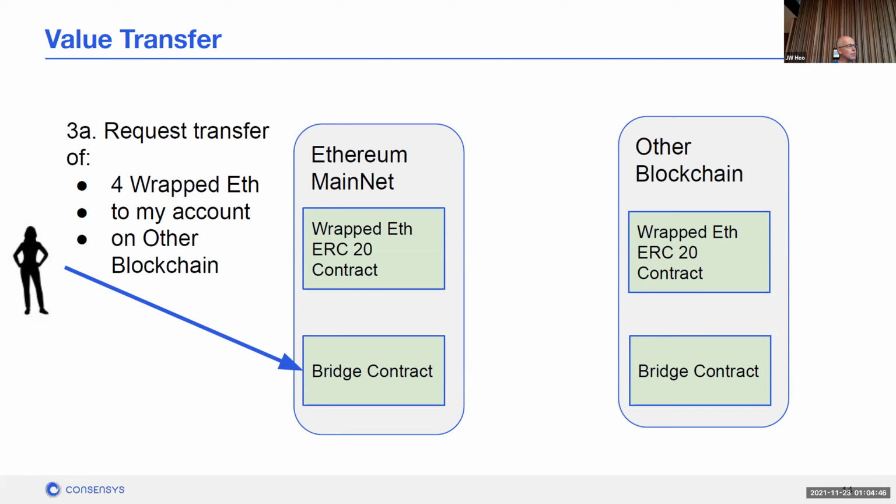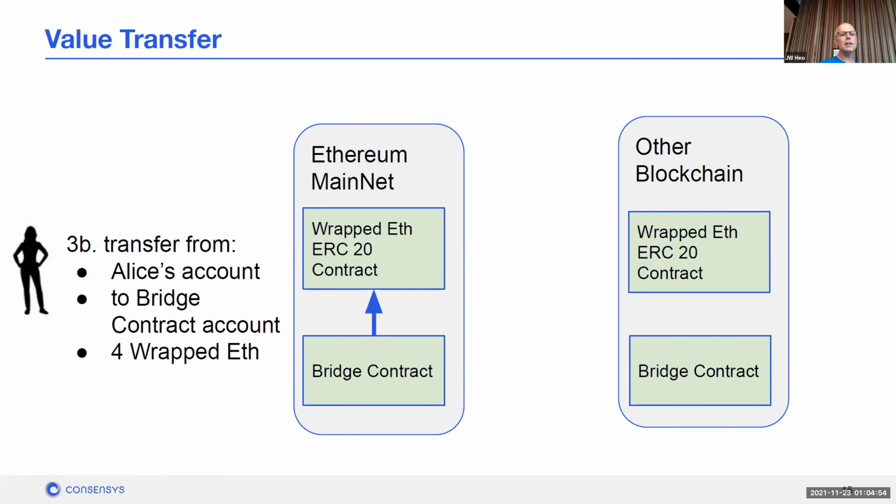And then you go and do the transfer: send my 4 wrapped ETH to some other account on some other blockchain. And then it's going to actually do the transfer on the source chain, transferring from your account to a bridge account, and so essentially transferring ownership. So now on that source chain, you no longer have your 4 ETH.